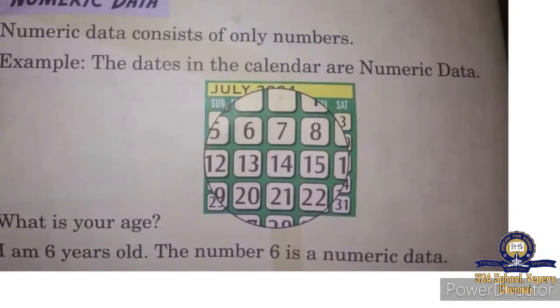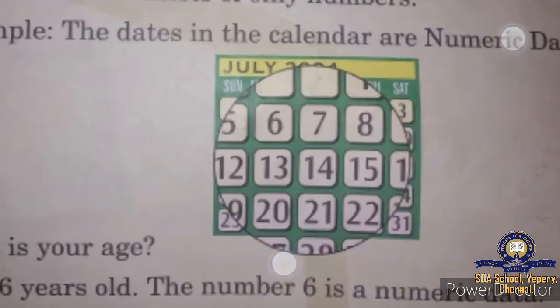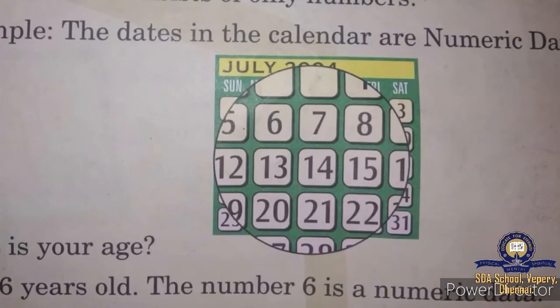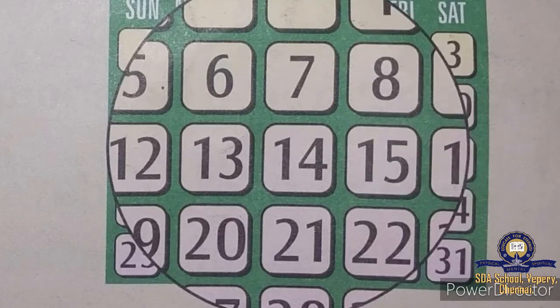Then numeric data. What is numeric data? Numeric data consists of only numbers. Only numbers will be there in the data. If you see in the calendar, only 1, 2, 3 up to 31 is there, either up to 30 or 31.